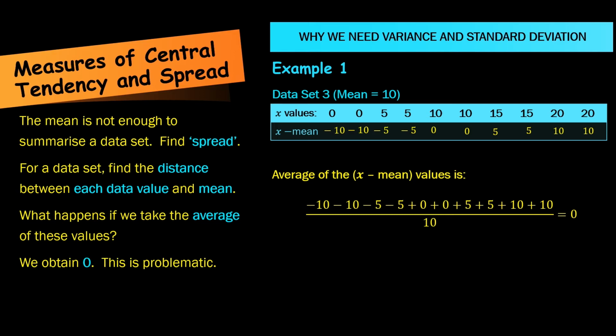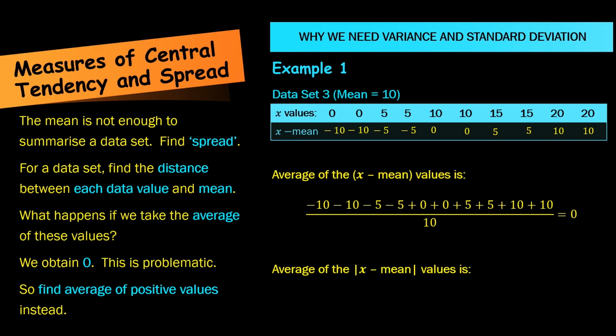And of course, this is problematic again, because clearly the values do deviate from the mean, but the 0 seems to imply that they don't. Clearly, the negative and positive values are cancelling each other out. So what we actually need to do is find the average of the positive values instead.